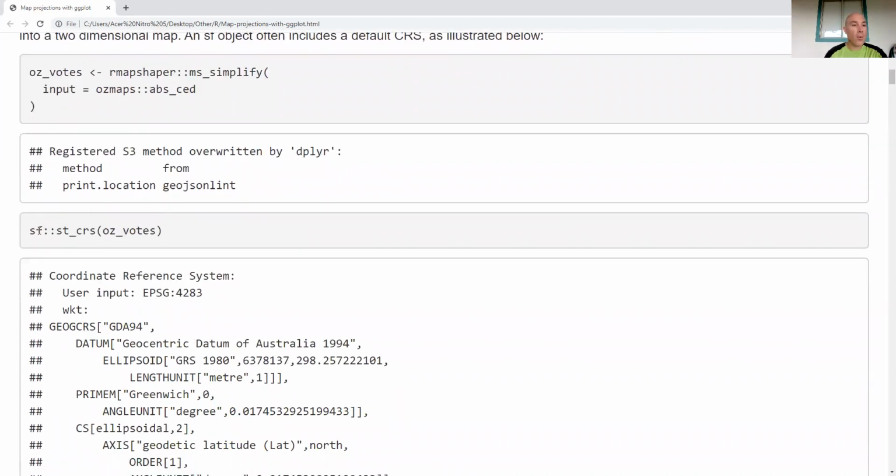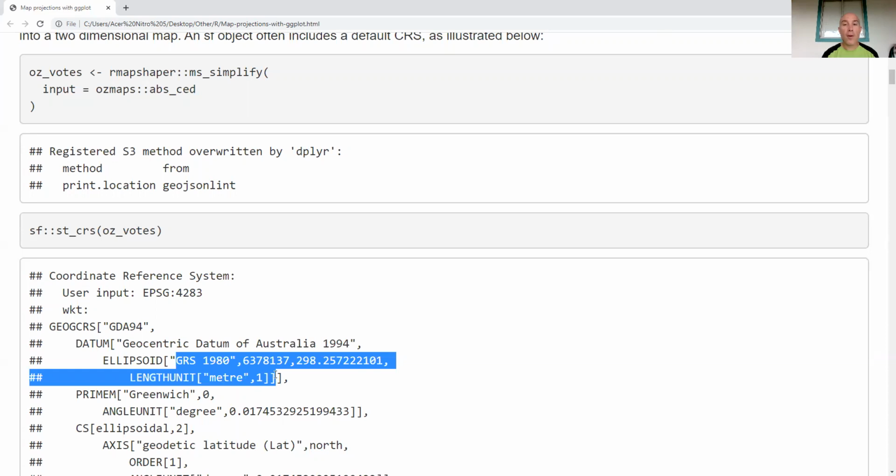The sf package gives me a function that enables me to easily grab the coordinate reference system for map data. When I grab that, I can see that our coordinate system is 4283. We'll look at this again in a moment. We can see that it's the Geocentric Datum of Australia, established in 1994. Here is the ellipsoid used to approximate the surface.